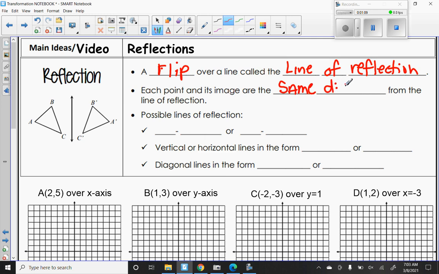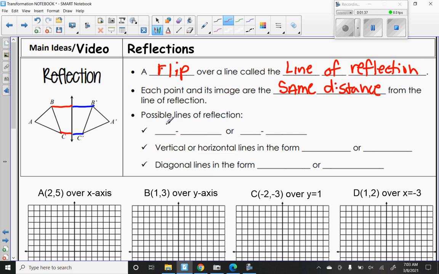I'm going to do plenty of examples so you know exactly what I'm talking about. For example, here in this picture, look at B and its distance across the line of reflection. This new B should be the same distance. And that works for C and A.